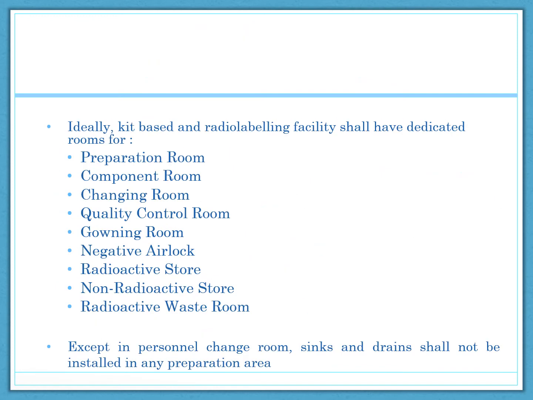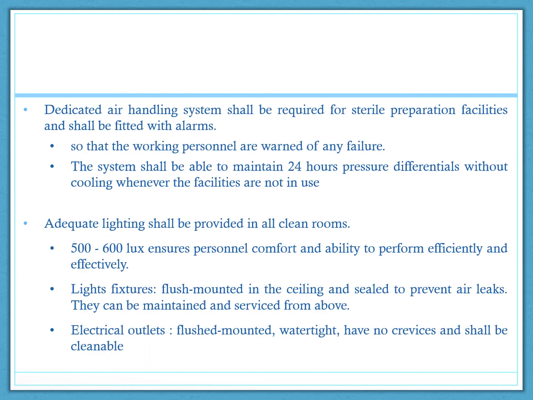So ideally, kit-based and radiolabeling facilities shall have dedicated rooms for all those stated in this slide. And a dedicated air handling system shall be required for sterile preparation facilities, and they shall be fitted with alarms so that the working personnel are warned of any failure.